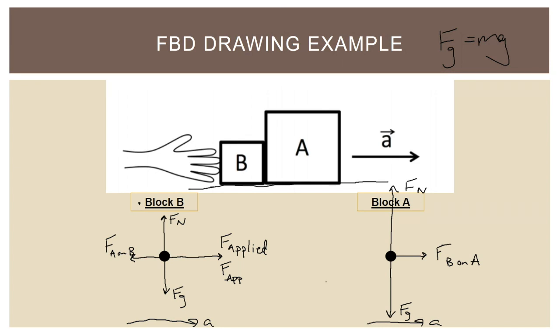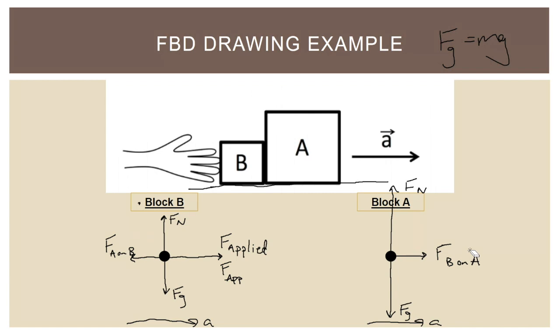And the main idea here is that this force and this force are Newton's third law action-reaction pairs. The force exerted by block A on block B is equal in magnitude but opposite in direction from the force exerted by block B on block A.